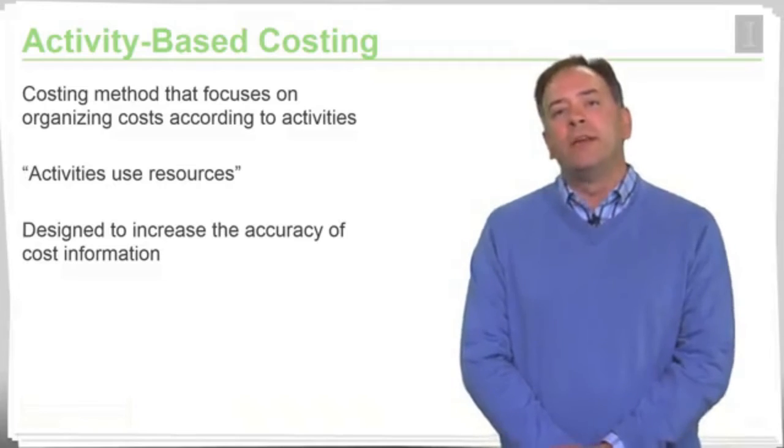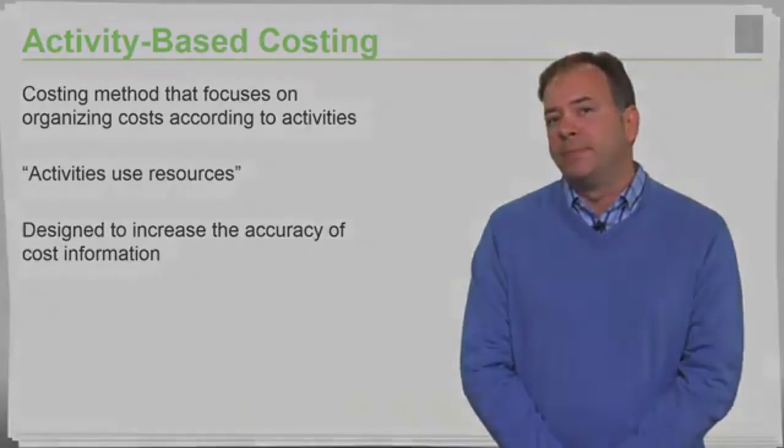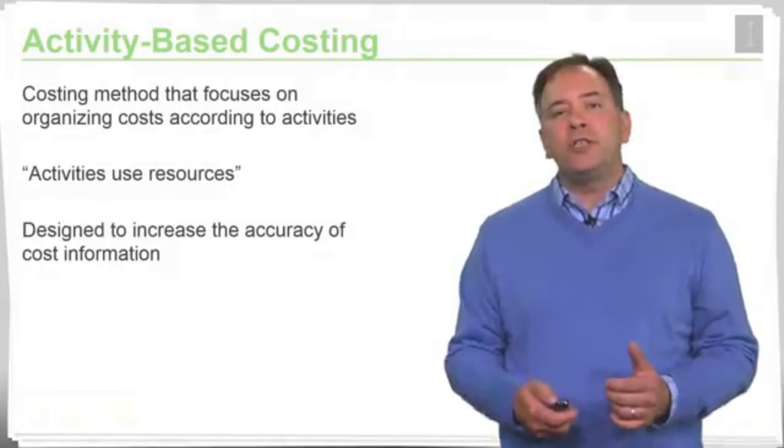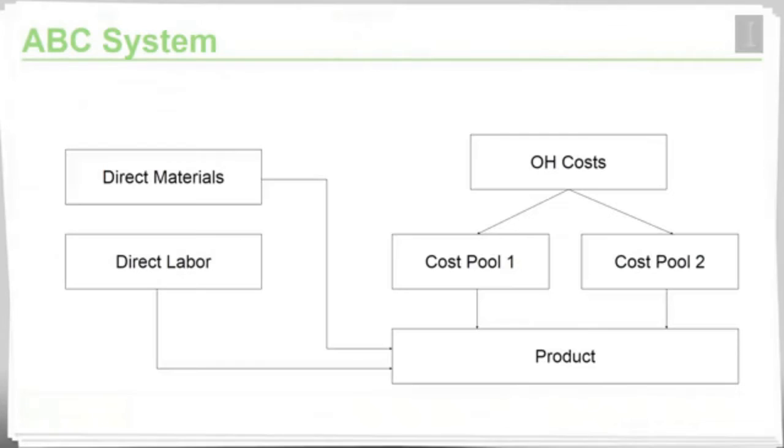Let's have a checkpoint and explore this issue a little bit further. So now, to differentiate activity-based costing from a traditional costing system, let's go back to our schematic. Again, we have direct materials and direct labor, and then of course that third category of overhead. And again, overhead might be split in a traditional sense into a couple or three different pools. Those pools are then assigned to products based on an estimation process.